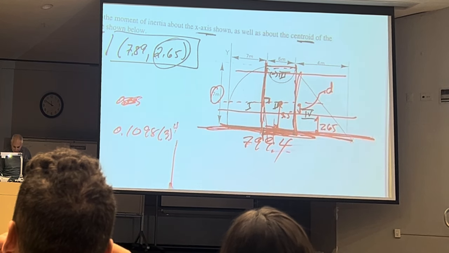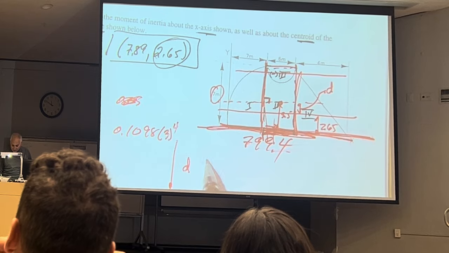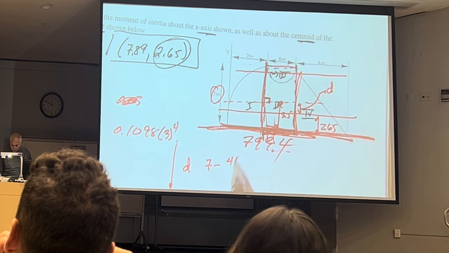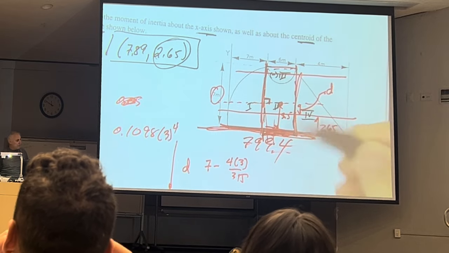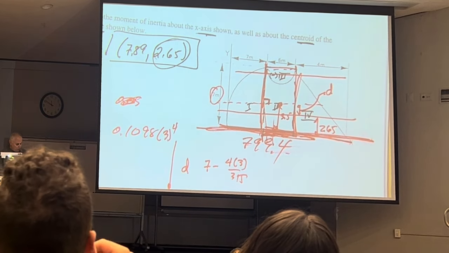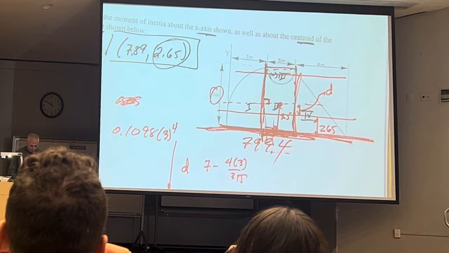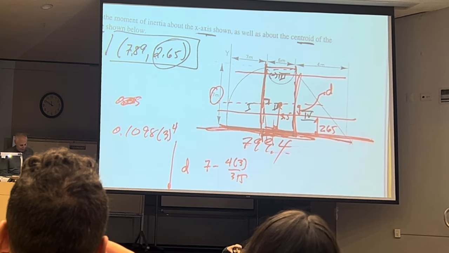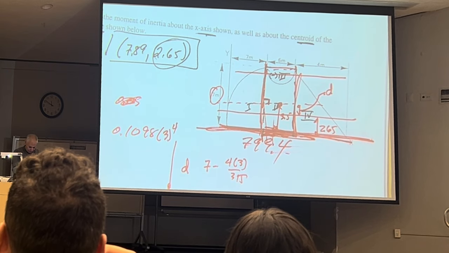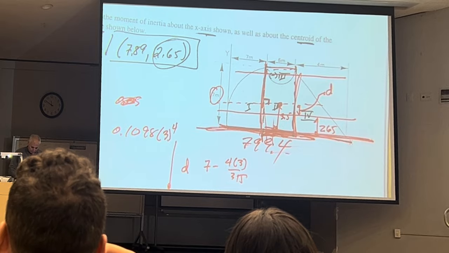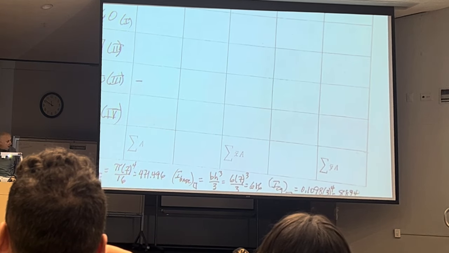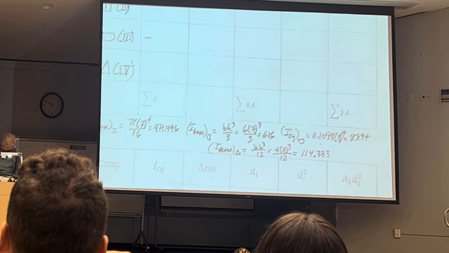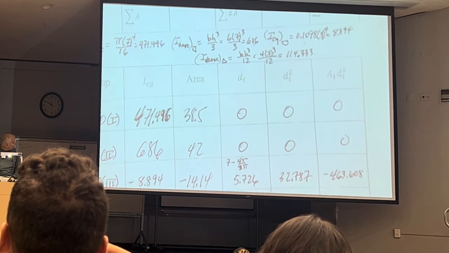And then I would send it with a DI of 7 minus 4 times 3 over 3 pi. That would send it to the base. So if you looked at base formulas, this is what you would write. Here it is. I'm not saying you need to do this. I'm just saying this is an alternative.